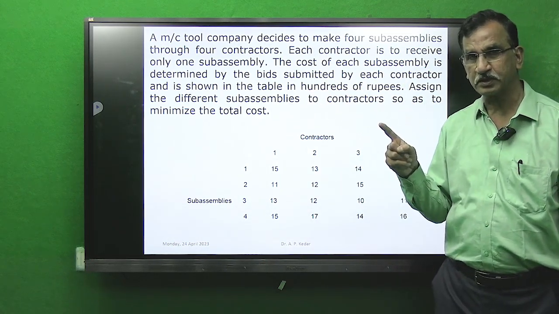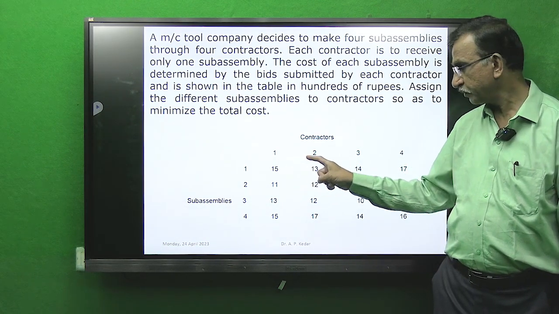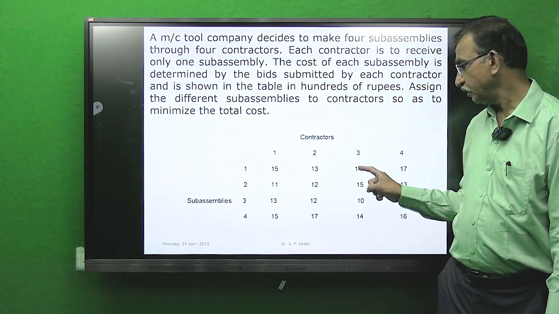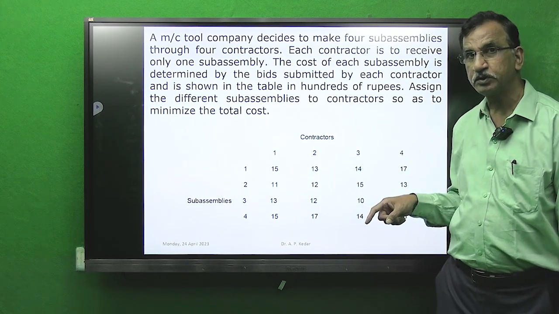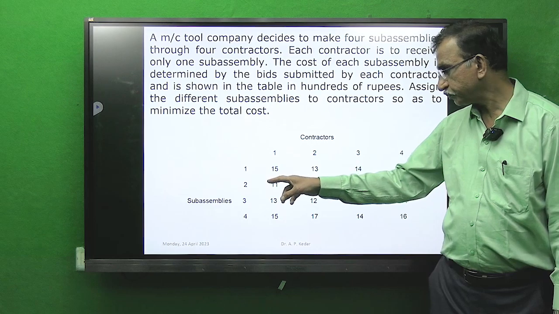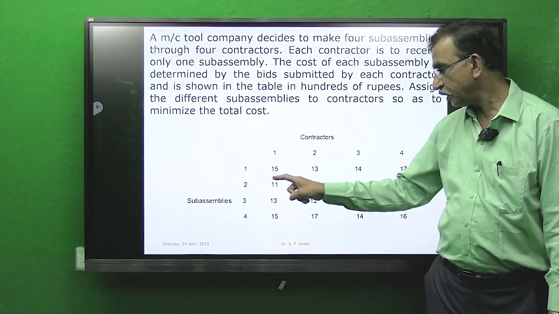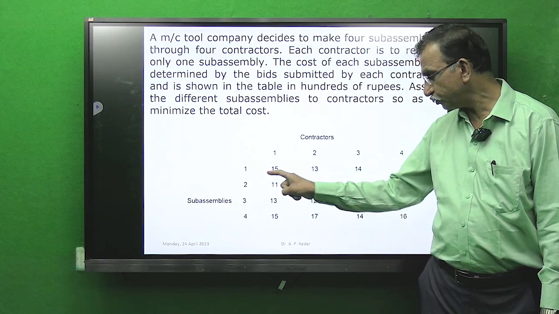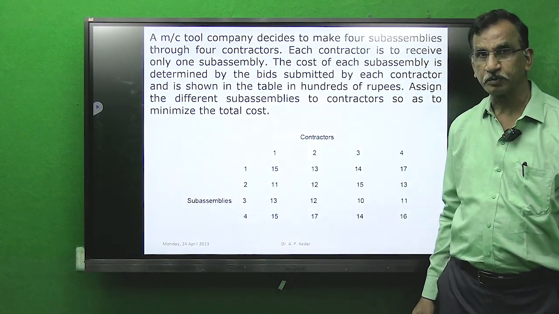In my last lecture I explained that 15 is 1500, 13 is 1300, 14 is 1400. If I consider 12, it means 1200: if subassembly 2 is assigned to contractor number 2, the costing will be 1200 rupees.